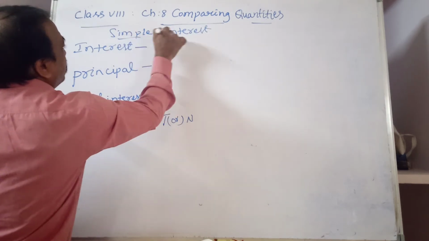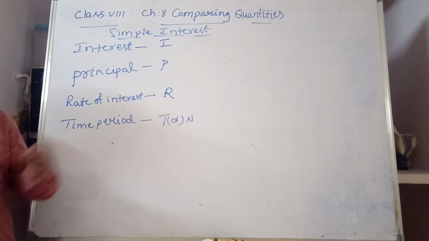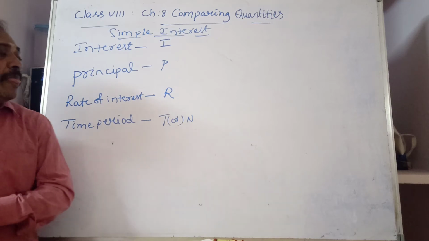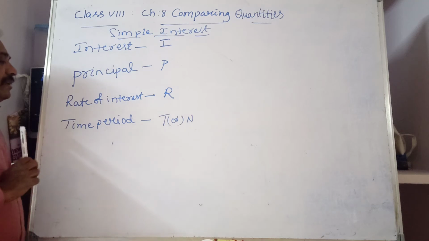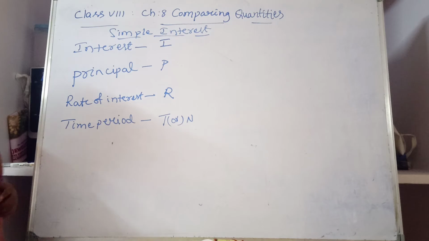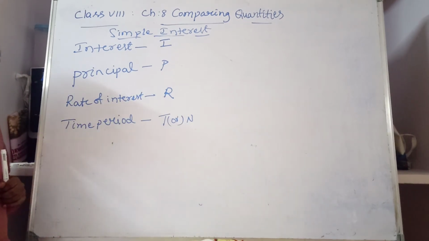We have two types: one is simple interest and one is compound interest. You already learned this topic in the previous class, 7th class. Interest is denoted by I, principal by P, rate of interest by R, and time period by T or N. The extra percentage they pay on the amount you took or deposited is the rate of interest, and the number of years is the time period.